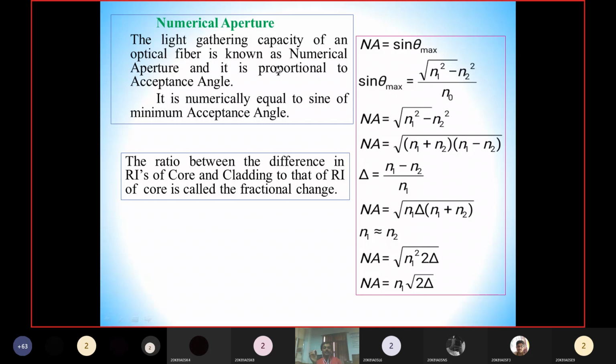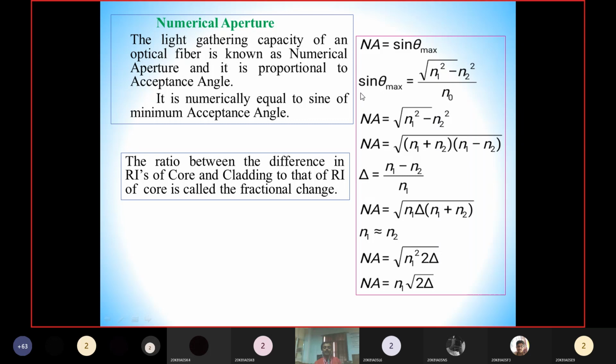What is the definition of numerical aperture? Simply, the light gathering capacity of the optical fiber is known as numerical aperture.